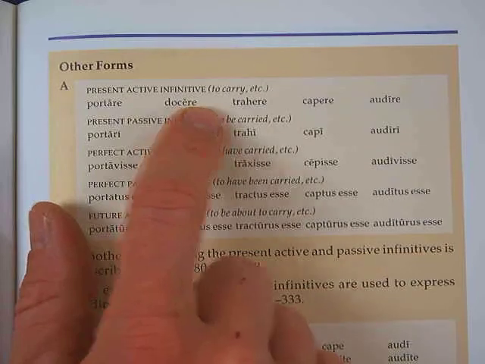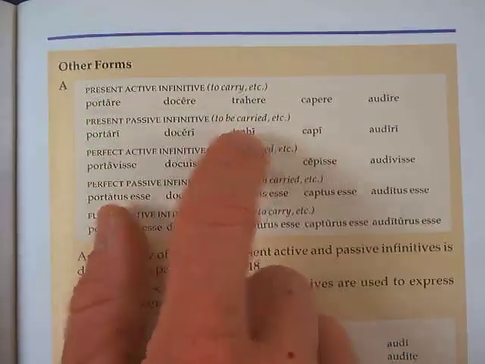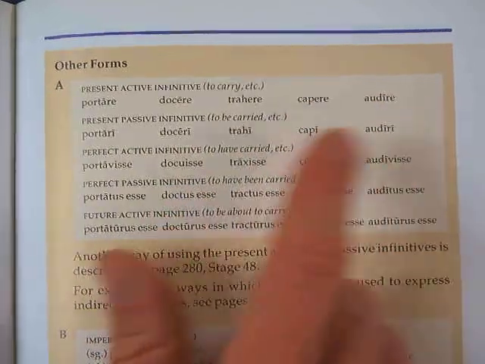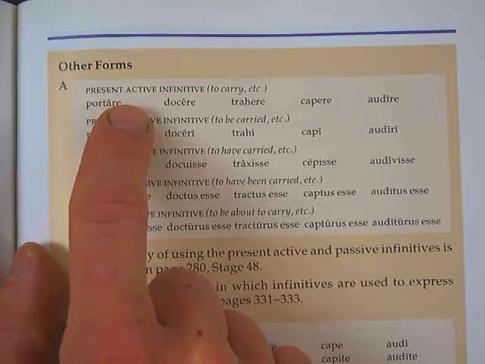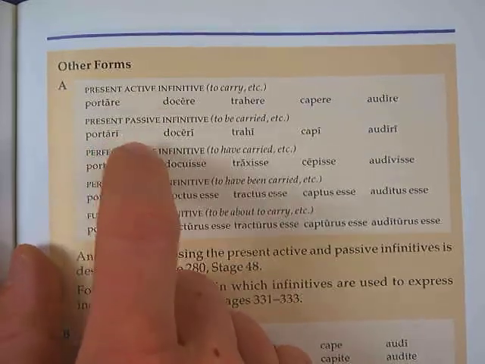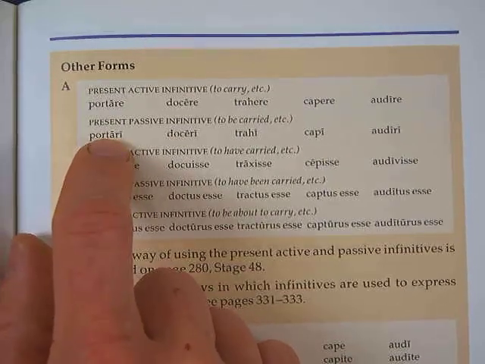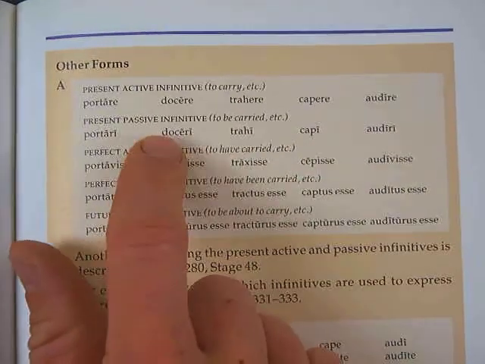There actually are three infinitives. There's the present infinitive, which you're most used to seeing, which is the second principal part, which means to carry, to teach, to drag, to capture, and to hear. There's also a passive infinitive, and the way you make the passive infinitive is you just change that last E to an I. So this means to carry, portare, but portari means to be carried.